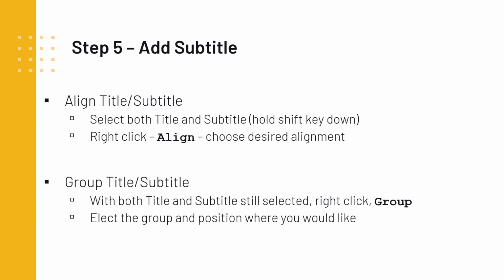Once you have them aligned and positioned appropriately, what I'd like you to do is group. So they should hopefully still be both selected. You're going to right-click and choose the group option. Then you can move this title and subtitle element that is now together wherever you desire on your page.